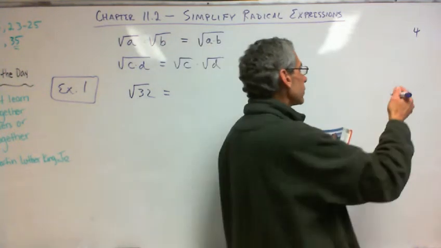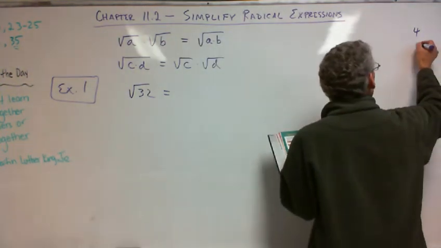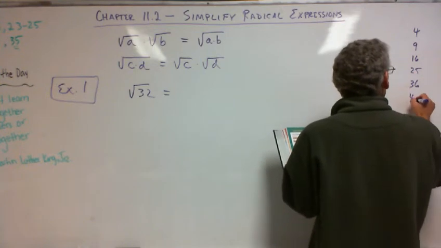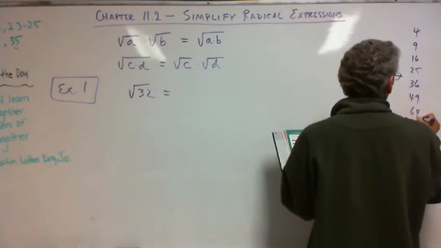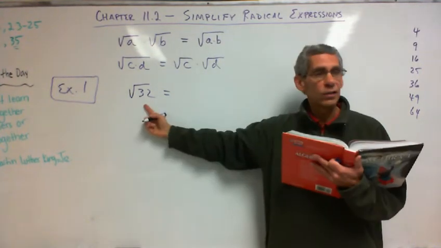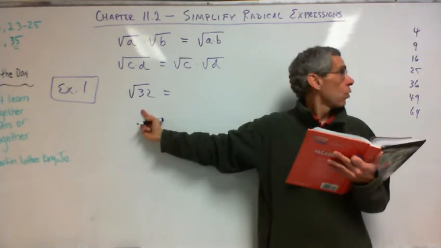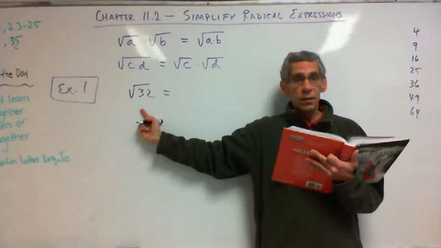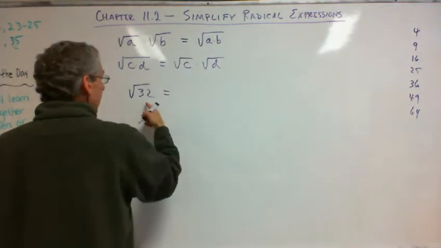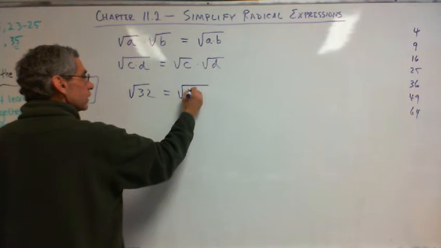So you're going to start with 4, 9, 16, 25, 36, 49, 64. Which of those goes into 32? 16. 4 and 16 both do, but you want to choose the bigger one. It's quicker.